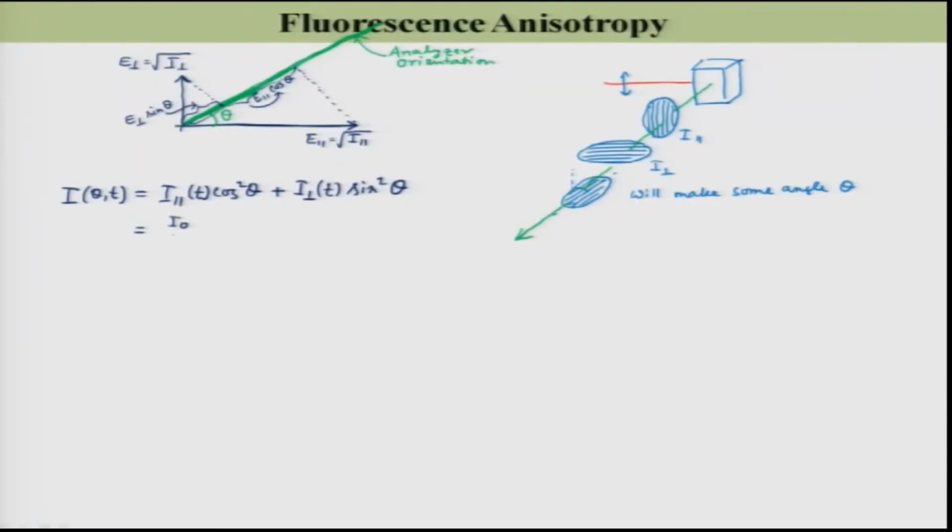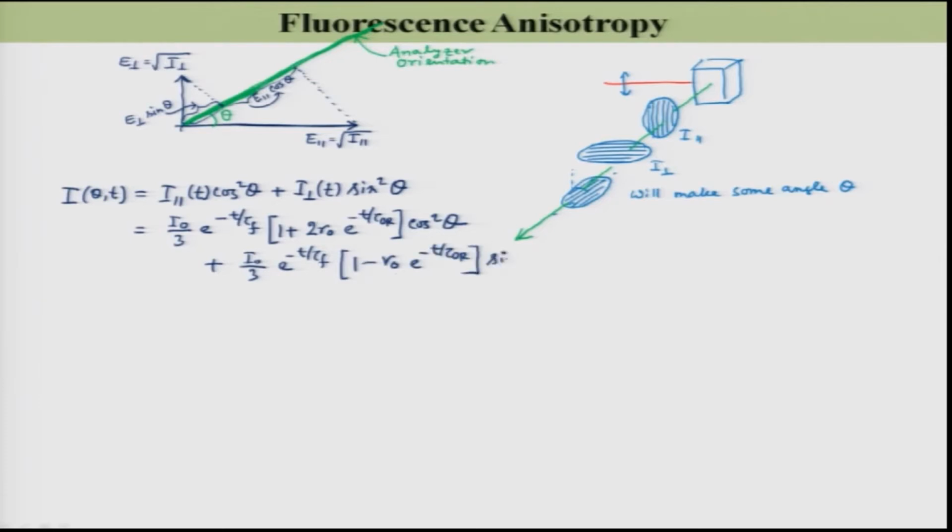So, now I will put this expression. First one is I 0 by 3 e to the power minus t by tau f times 1 plus 2 r 0 e to the power minus t by tau r, multiplied by cosine square theta, and I 0 by 3 e to the power minus t by tau f times 1 minus r 0 e to the power minus t by tau r, multiplied by sin square theta.